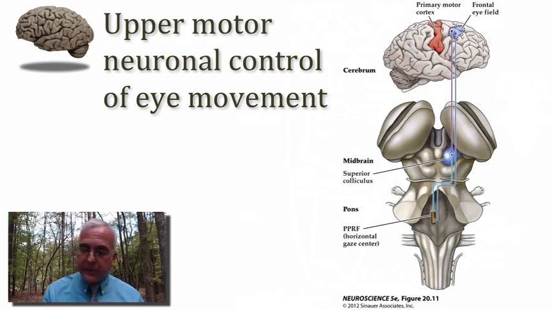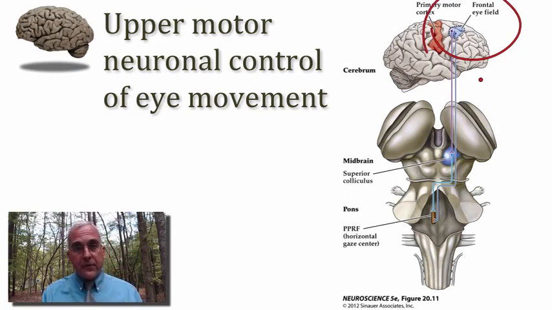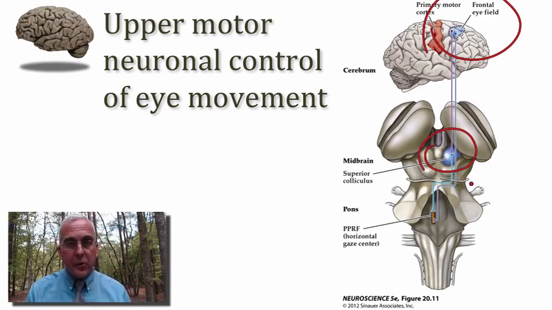So I want to back up just a bit and consider the upper motor neuronal control of these saccadic eye movements. And so the two main stations that are relevant for controlling saccades from the perspective of upper motor neurons are the frontal eye fields, which are part of the premotor cortex, and the superior colliculus, which is on the dorsal aspect of the midbrain.